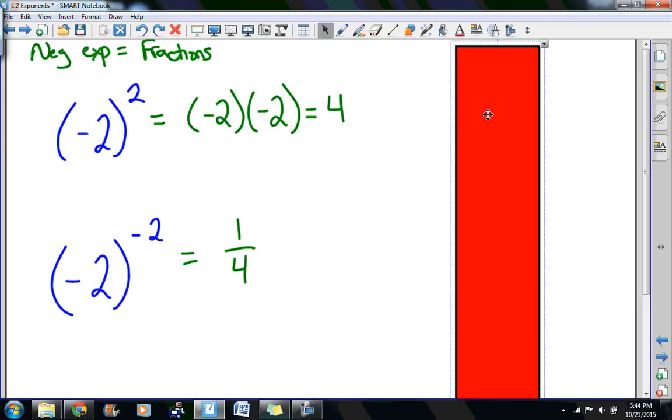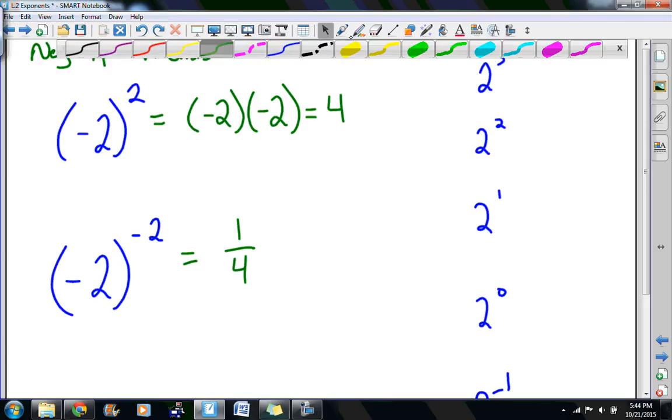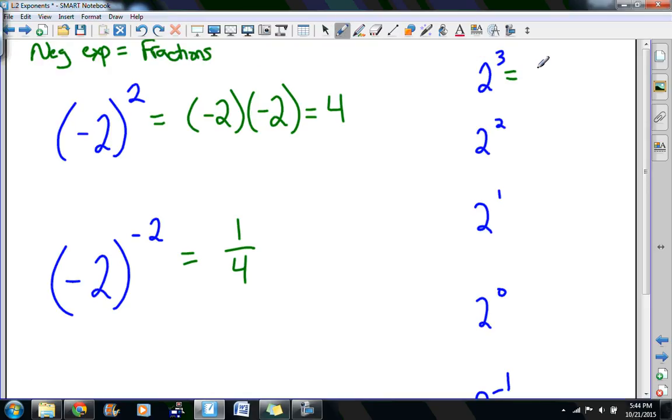And I even have a third way to prove it to you. 2 cubed is 2 times 2 times 2, which is 8. 2 squared is 4. 2 to the first, that's 2. If we notice from each of these steps, we're dividing by 2. Well, 2 to the 0, we got to divide by 2 again, and we get 1.